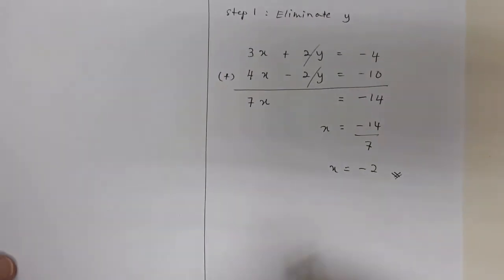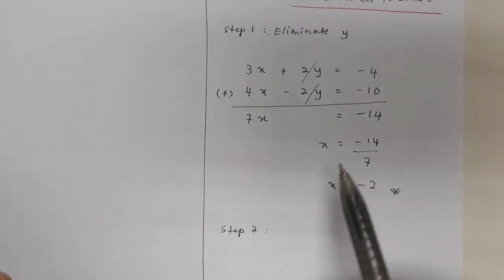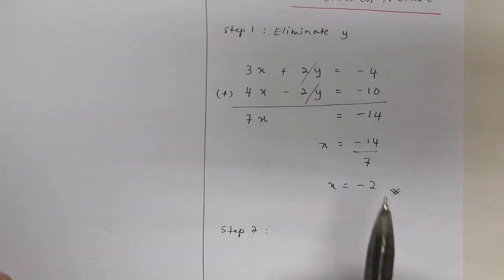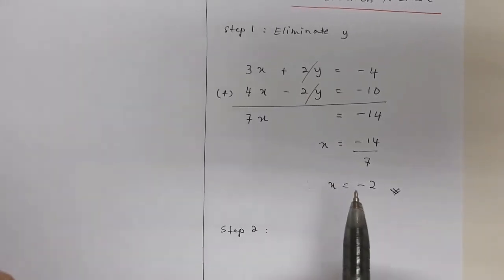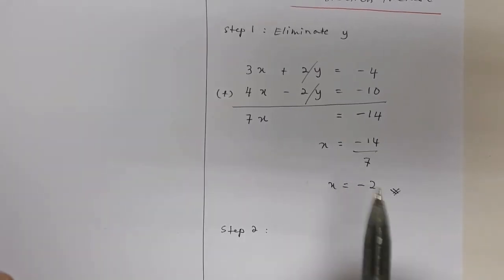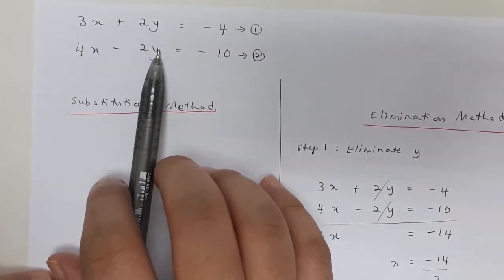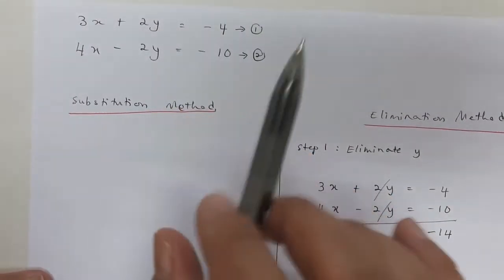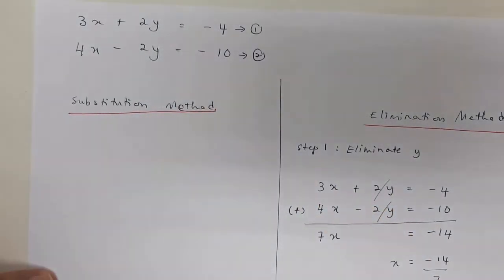Step number 2. Since we have value of x from step 1, now we can find value for y by substituting x equal negative 2 into one of these equations. We can choose either one and we can still get the same answer. Let's say we choose the first equation.